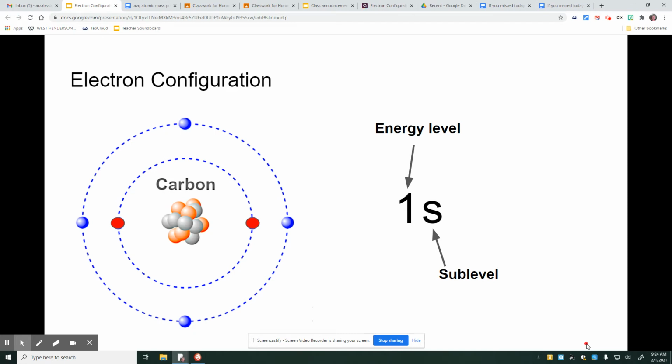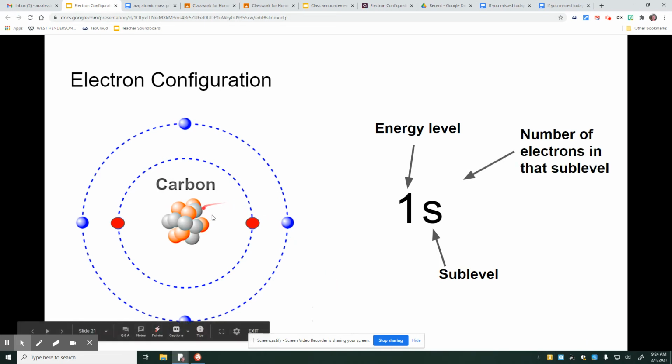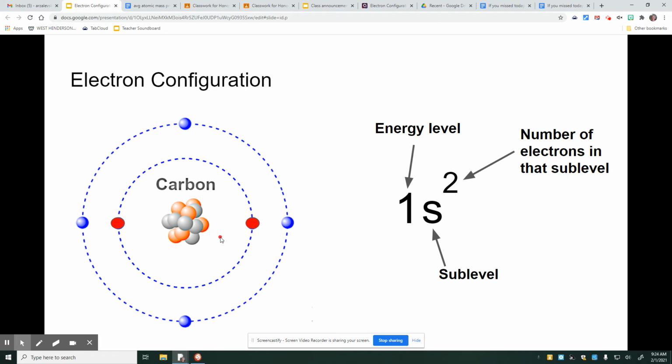Then what we need to describe is how many electrons are in that S sublevel. Well, we know an S sublevel can hold up to 2 electrons, and I happen to have 2 to go in there on that first energy level. So I'm going to write a 2 here. If I only had one, I would just write 1. But in this case, I do have 2 electrons on that first energy level, so I'll count both of them.